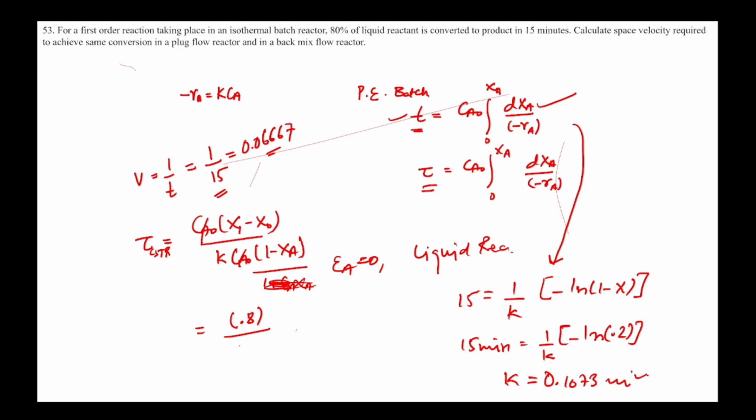I will put the value here: 0.1073 per minute into 0.2. Okay, so it gives the value 37.28, and space velocity is 1 upon space time. So this is a straightforward question.